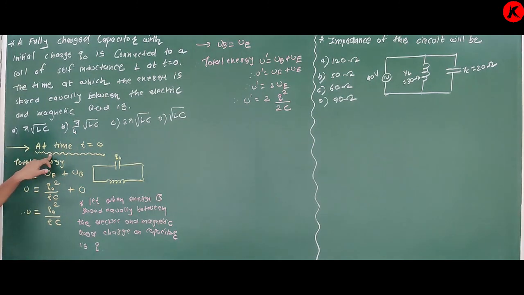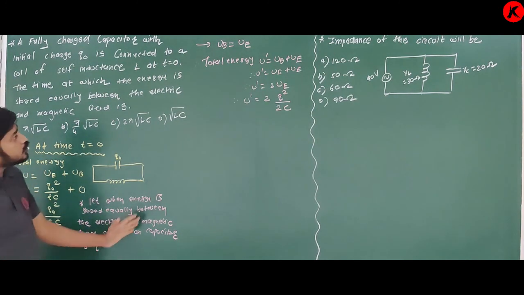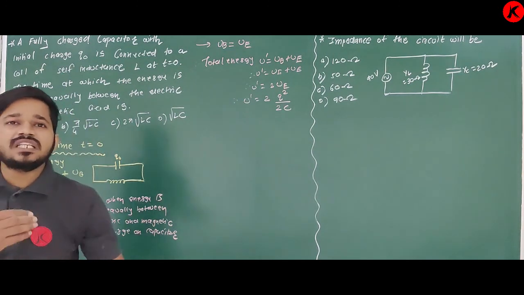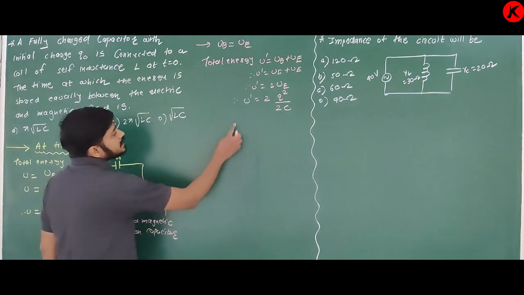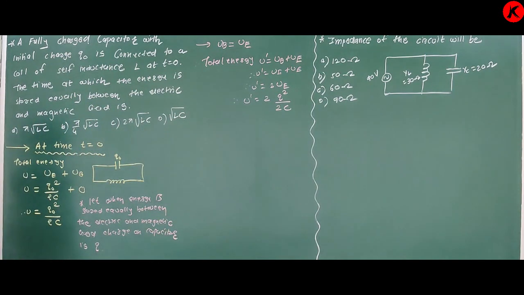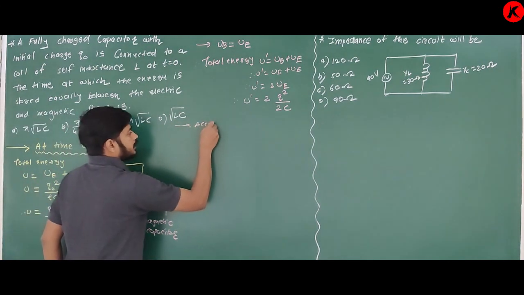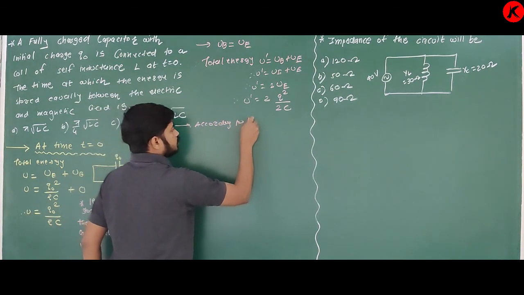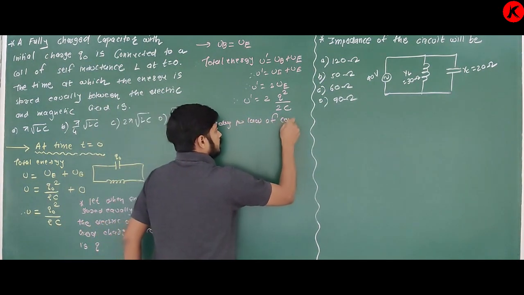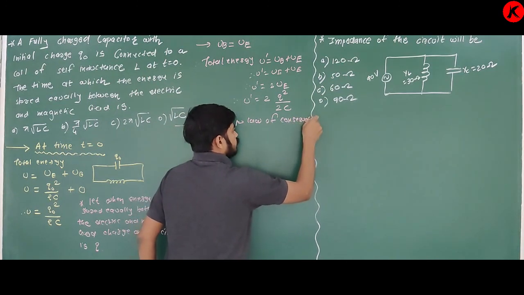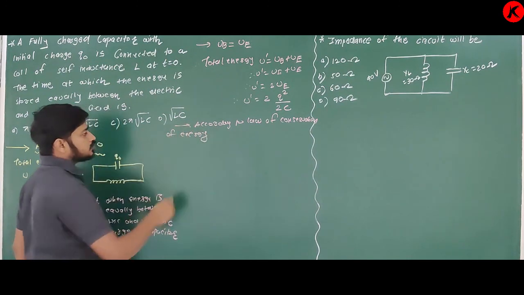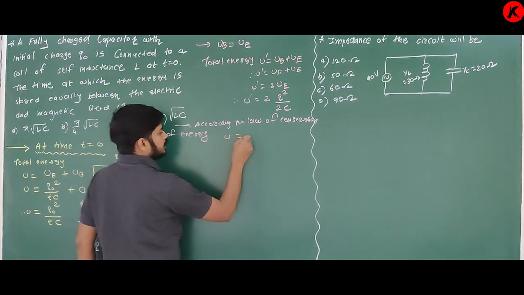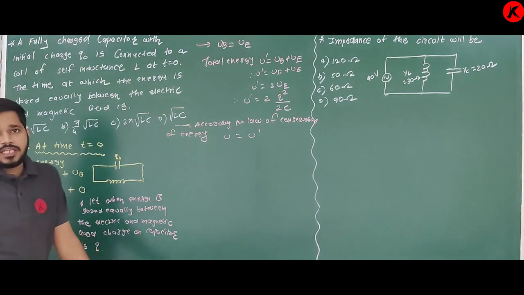This situation is at time t is equal to 0, and after some time, when energy is equally stored between them, the total energy is 2 Q square upon 2C. But according to the law of conservation of energy, initial energy U is equal to final energy, or energy at any time, U dash.